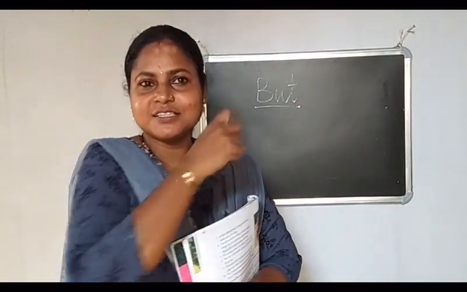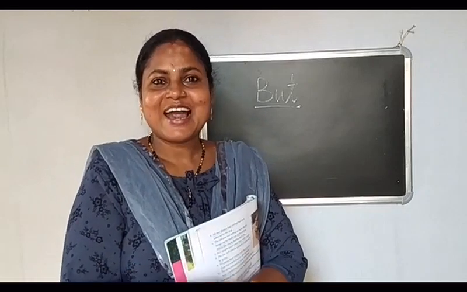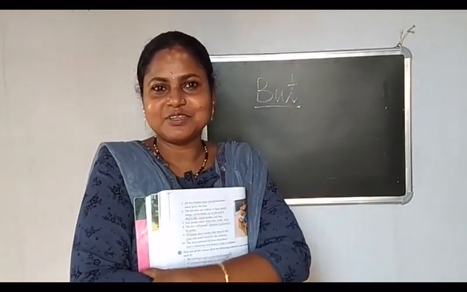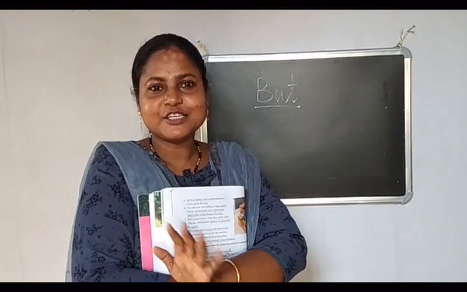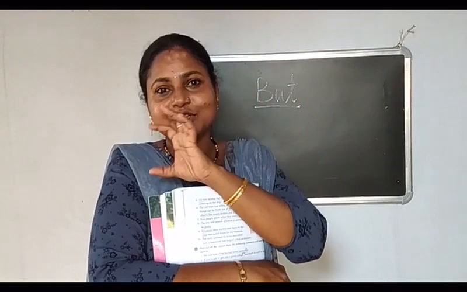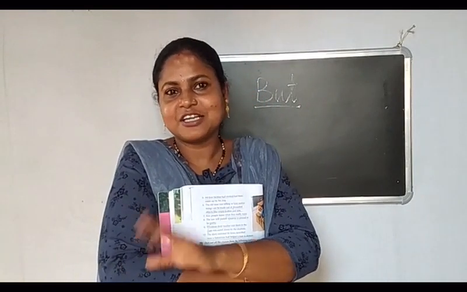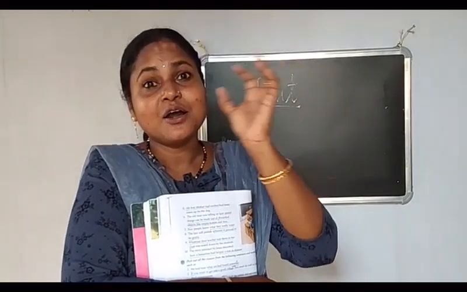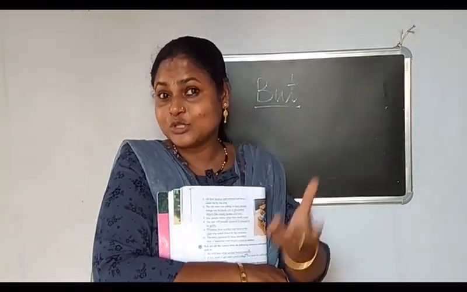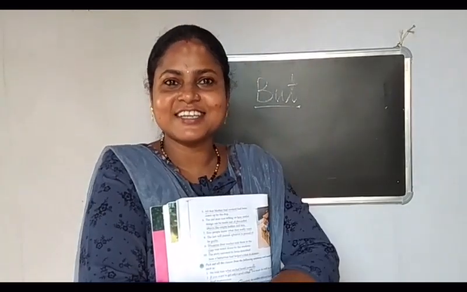We use this but always. And now let's see what is the speciality of this one. This one is also used to join two things of equal importance, and also contrasting things.